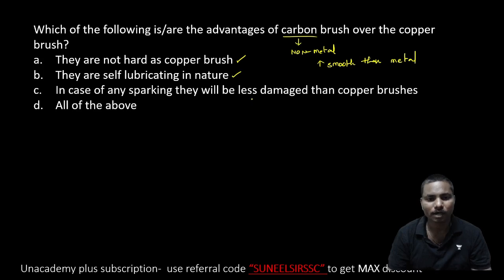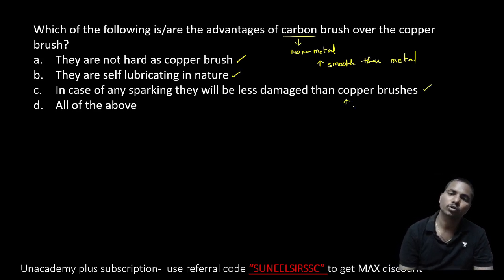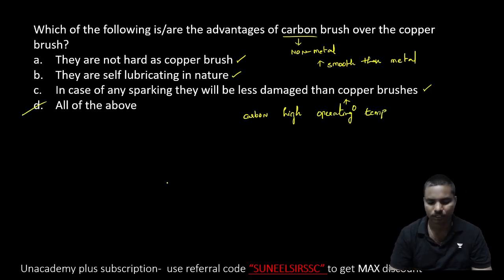In case of any sparking, they will be less damaged than the copper brushes. Why? Because their operating temperature is higher. It means carbon has a high operating temperature. So all are correct. So the answer is option B.